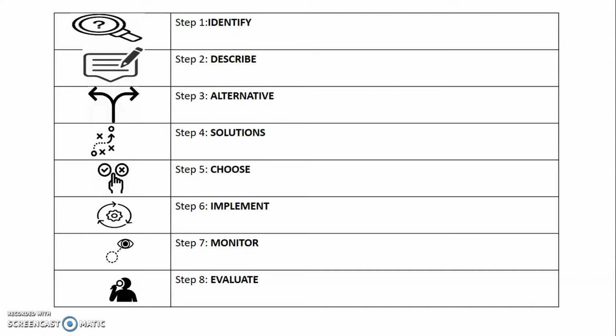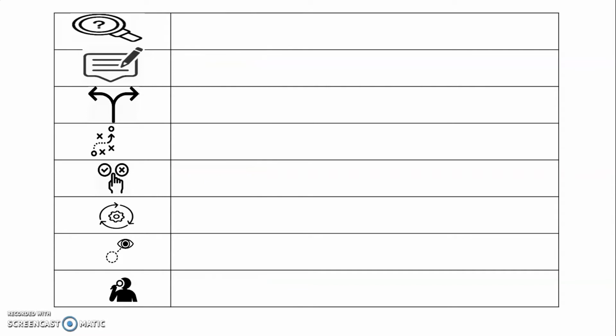For step 6, we are implementing our plan or strategy. For implement, the gear is turning. For step 7, we are monitoring the outcomes of the situation. And for step 8, we are evaluating our outcomes. So hopefully after this video and looking at these images, you should be able to list the steps in problem solving.